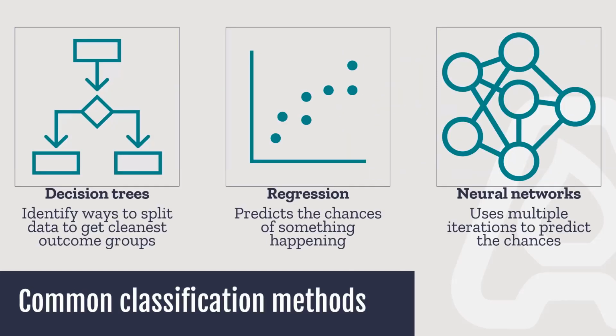Three key ways of performing classification are decision trees, regression, and neural networks. So a decision tree is basically a set of if this, then that types of rules. They can get very complicated.